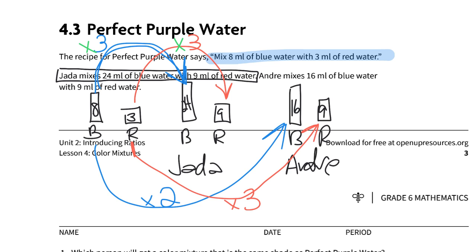So that's no longer the same recipe, because while he doubled the blue to get 16, he tripled the red to get 9. So therefore his recipe is going to be different than Jada's. Jada's recipe is going to be identical to the original perfect purple recipe.